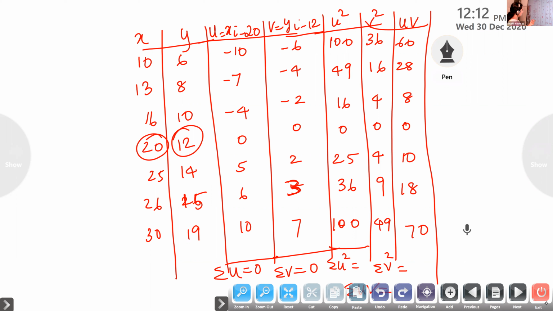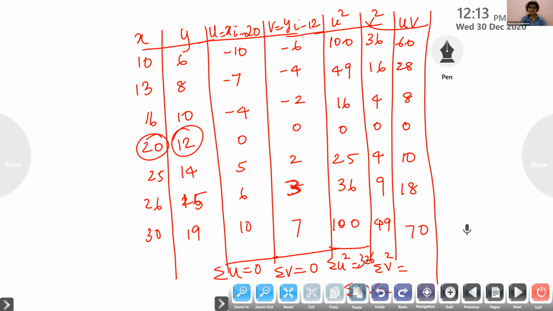What is sigma u square? Yes, it is correct, 326. Sigma v square, Aishwarya, did you get the answer?